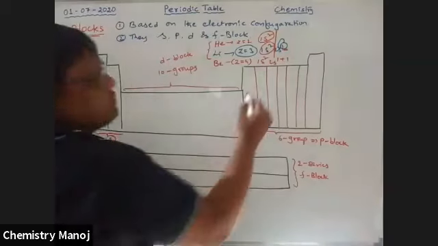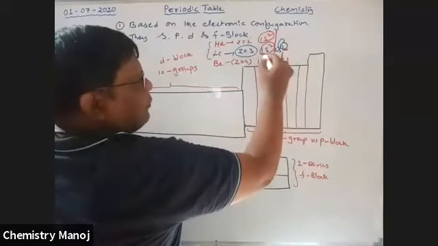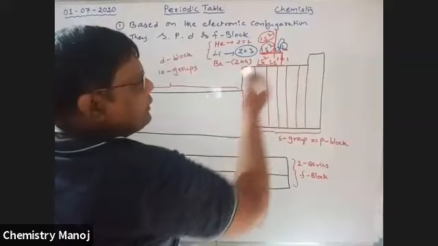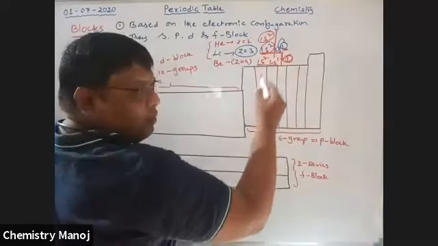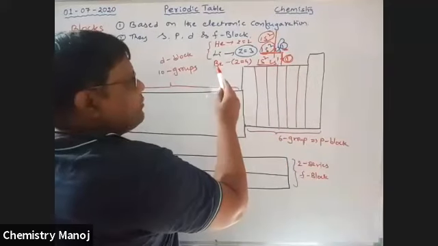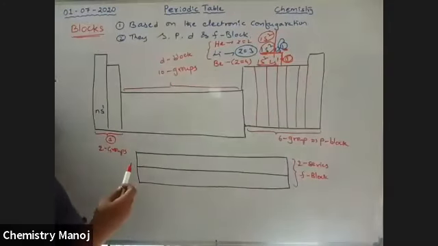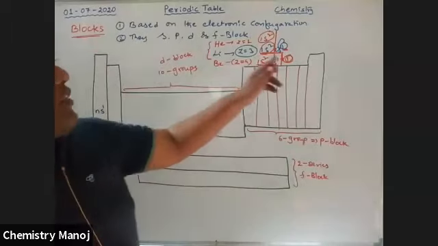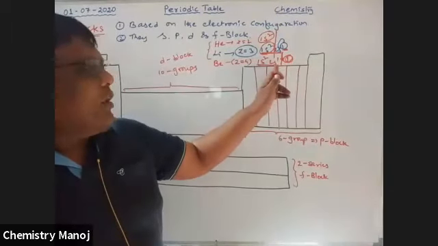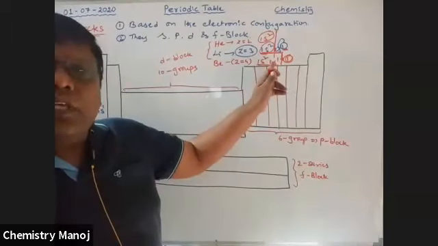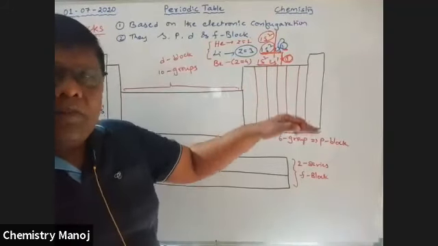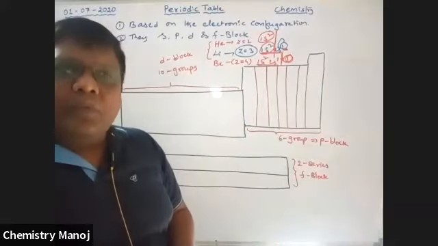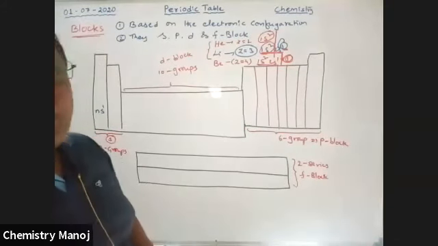Up to this, both lithium and beryllium are the same. Only the second electron differentiates beryllium from lithium. That means in beryllium, the differentiating electron is the second electron of the 2s orbital. That electron differentiates that element from its preceding element, so it is called the differentiating electron.